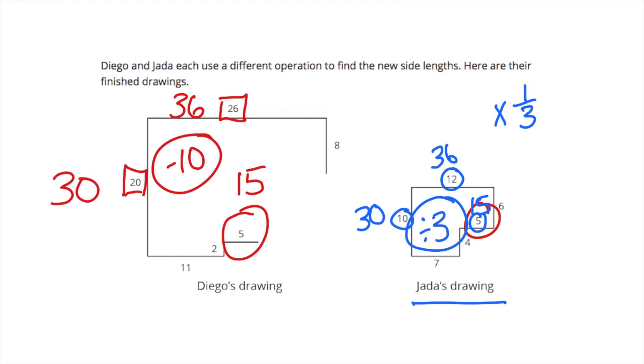If we multiply by the reciprocal, we get the same result as dividing by 3. So this would be your answer to question 2. And then yes, we would not get a scaled copy for Diego's drawing, only with Jada's, because she followed the rules of scaled copies.